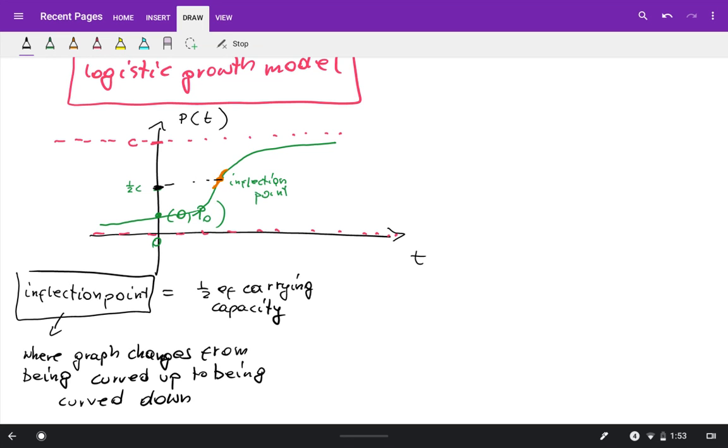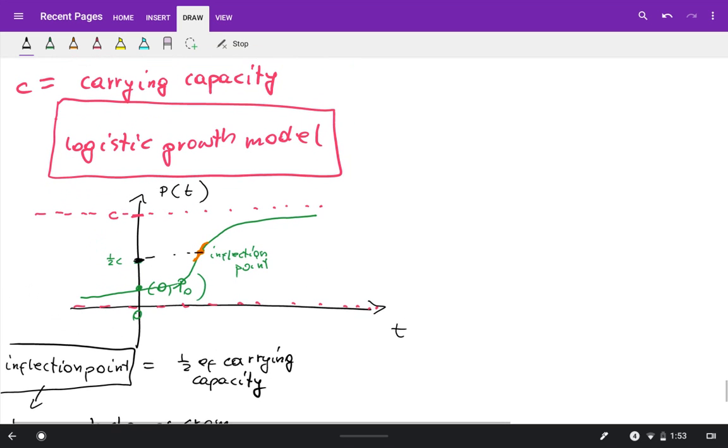Okay, and vice versa, curved up to curved down. Okay, so here we have curved up to curved down. I think I said that accidentally opposite before.